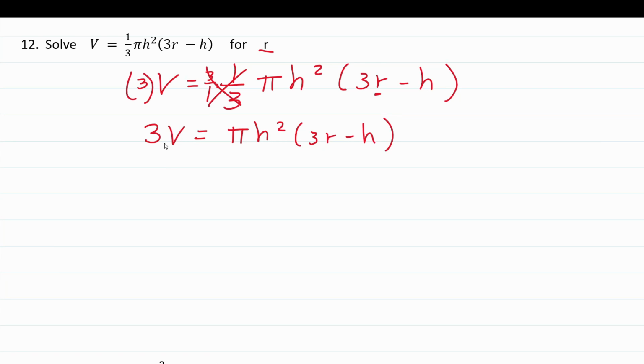All right, so let's go ahead and take this pi h squared and distribute it here and here. Now, this becomes 3v equals 3r pi h squared minus pi h. H squared times h is h to the third.